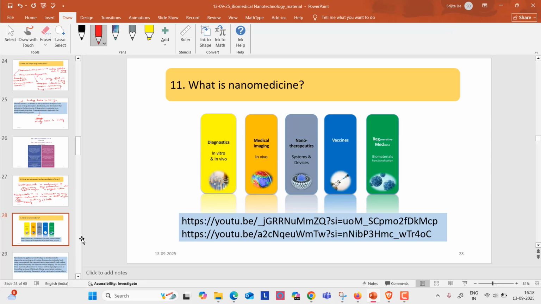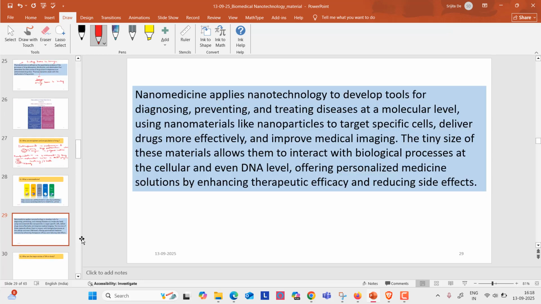Next, what is nanomedicine? Nanomedicine applies nanotechnology to develop tools for diagnosing, preventing, and treating diseases at a molecular level using nanomaterials like nanoparticles to target specific cells, deliver drugs more effectively, and improve medical imaging.